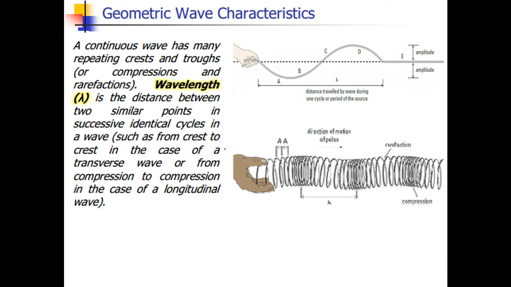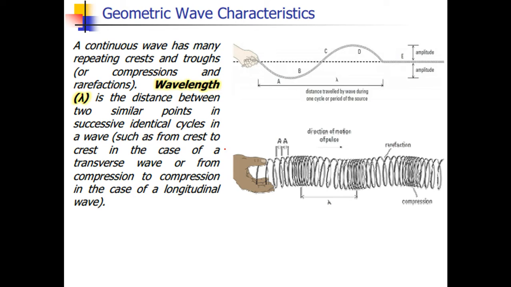All right, so wavelength. A continuous wave has many troughs and many crests that repeat one another, or compressions and rarefactions. The wavelength we define as the distance between two similar points in successive identical cycles of a wave. So you can measure from crest to crest, trough to trough, or equilibrium point to equilibrium point, but it has to cover one full cycle.